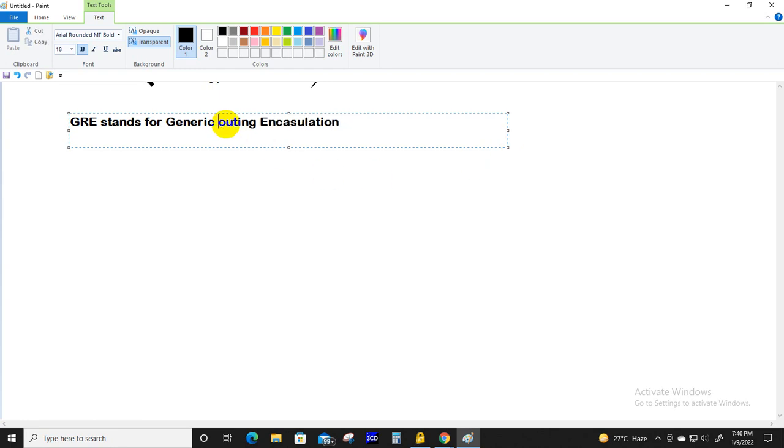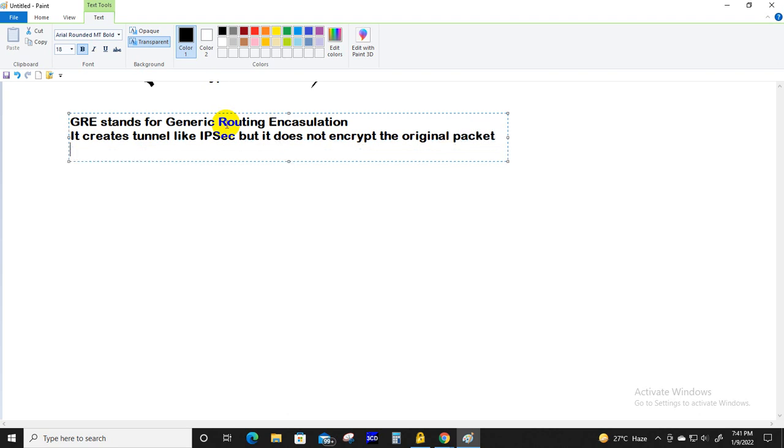It creates a tunnel like IPsec, but it doesn't encrypt the original packet. GRE doesn't encrypt the original packet.